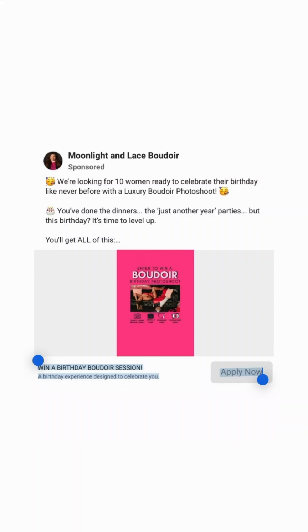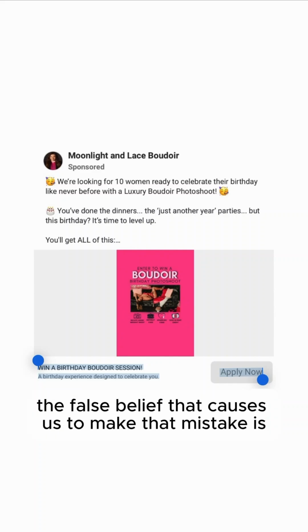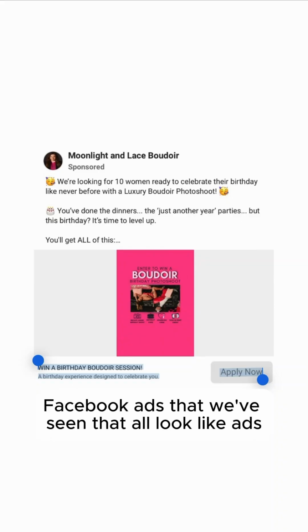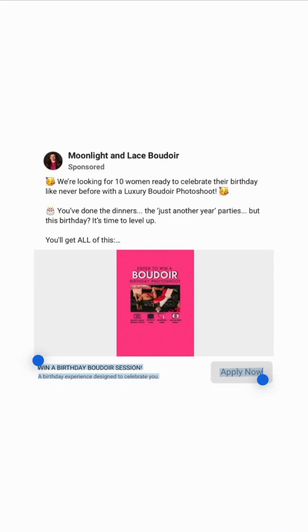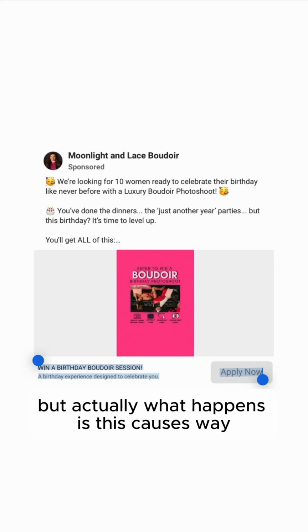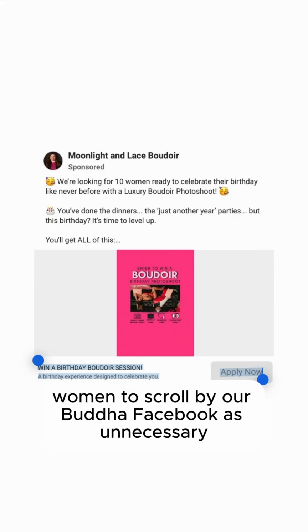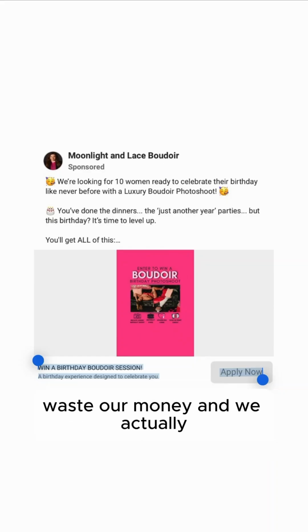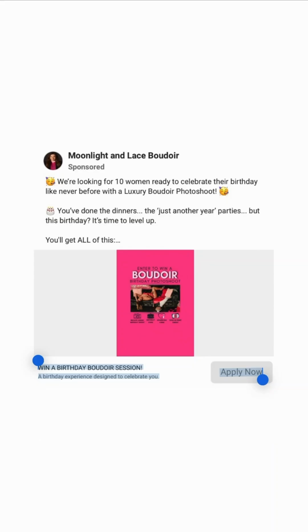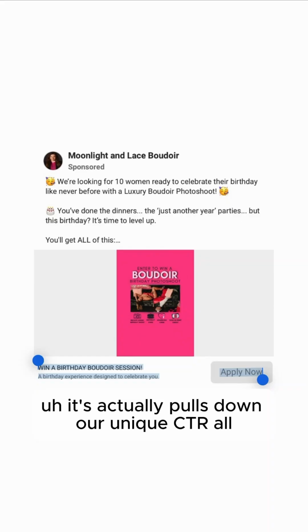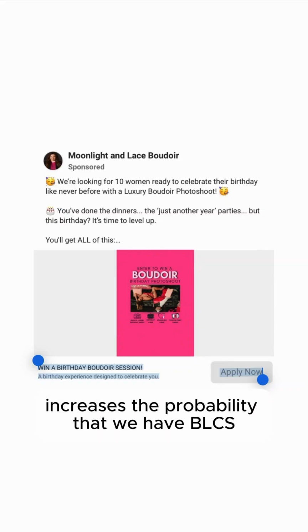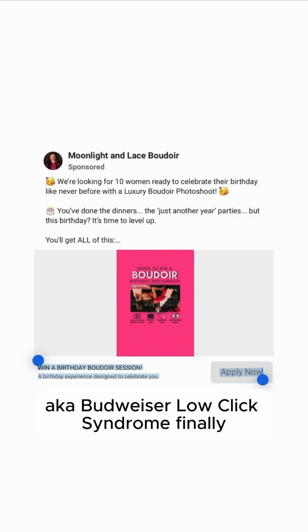And that's because we've seen all these other Boudoir Facebook ads that all look like ads. But actually, this causes way, way, way more women to scroll by our Boudoir Facebook ads than necessary. So we spend that money for those impressions and waste our money. And this actually pulls down our unique CTR under 6%, and it increases the probability that we have BLCS, aka Boudoir low click syndrome.